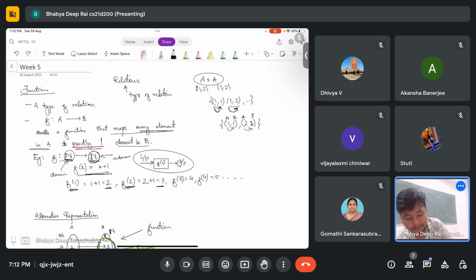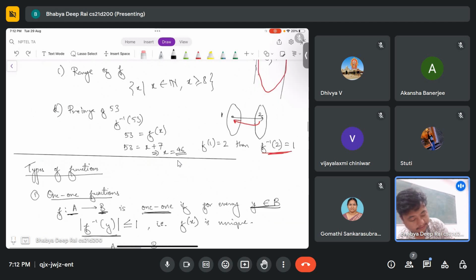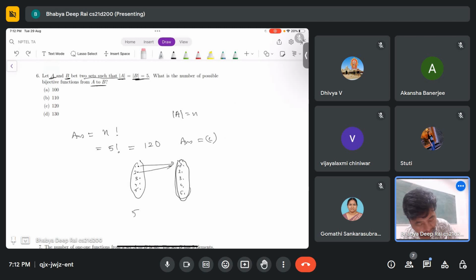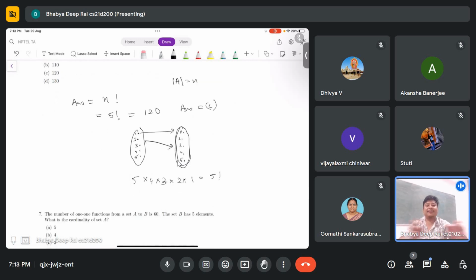So 5 times 4, and then I'll map 2 to, let's say, 3, and then I'll have 3 choices left, then 2 choices, then 1, which is equal to 5 factorial. So this is another simple way to look at it. This is actually a proof of this particular argument.